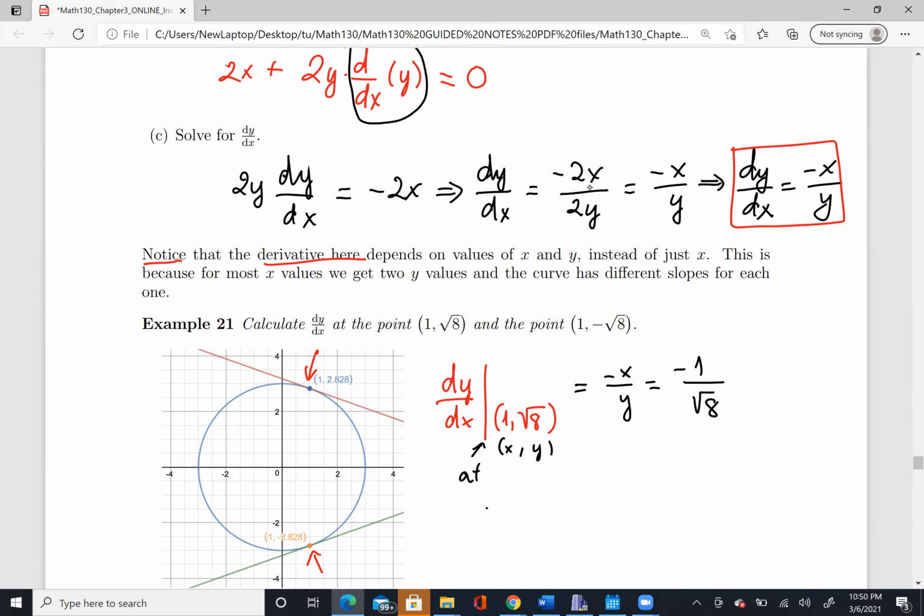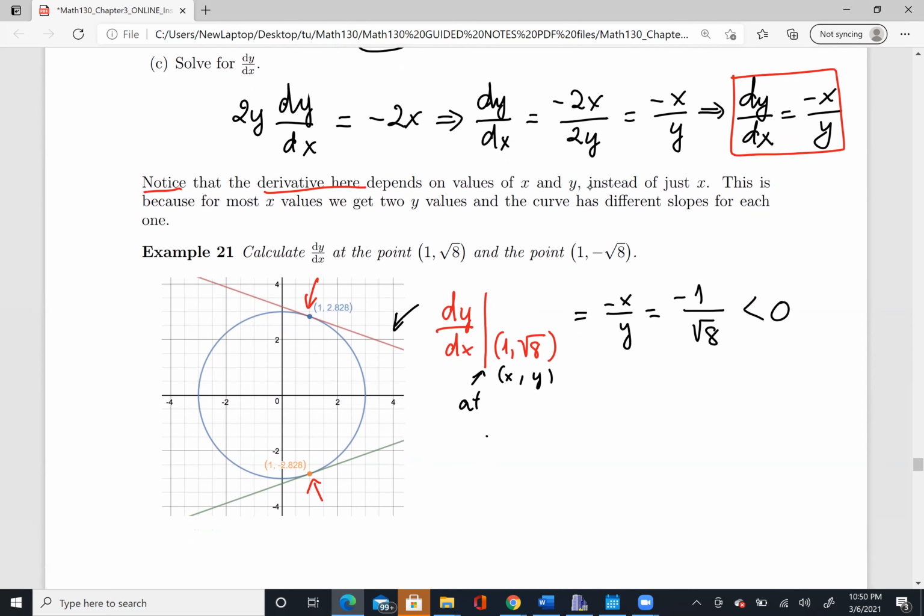You can see that it should be a negative number because from the picture, the tangent line is going down over here, so the slope has to be less than 0. So dy dx at (1, square root 8) has to be less than 0, or negative. Let's check dy dx at (1, negative square root 8).